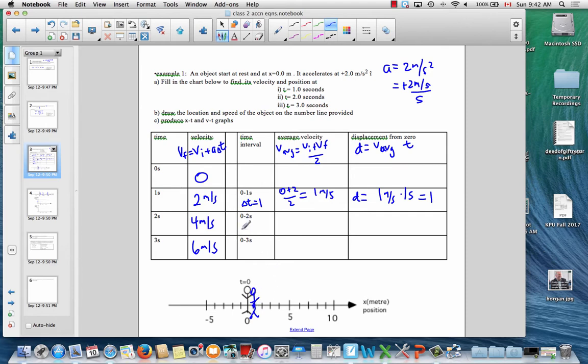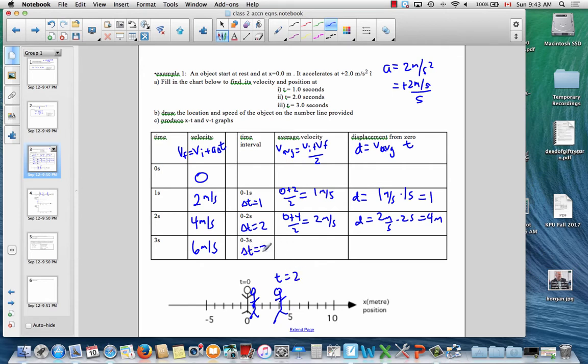Okay, from 0 to 2 seconds, that's an elapsed time of 2. So we're now averaging these two velocities. So we were going on average 2 meters per second in that interval. And it's a 2 second long time interval, so we traveled 4 meters. So from the start, at the 2 second time, we are now up here at 4 meters.